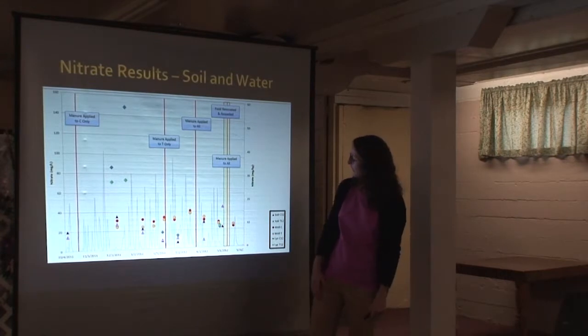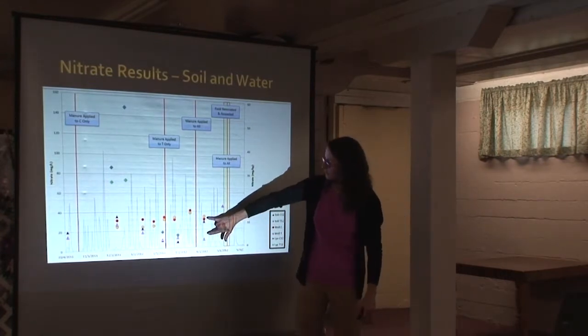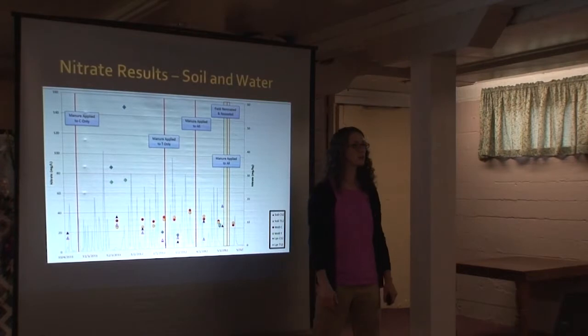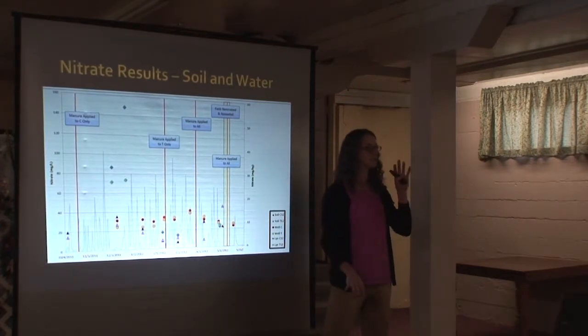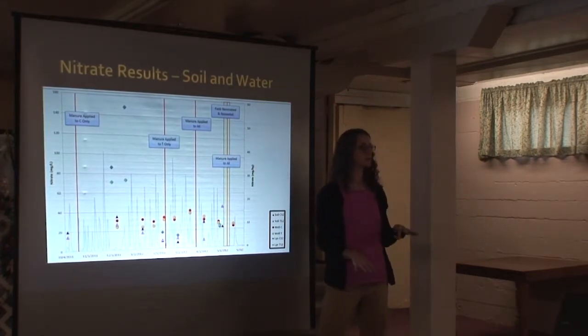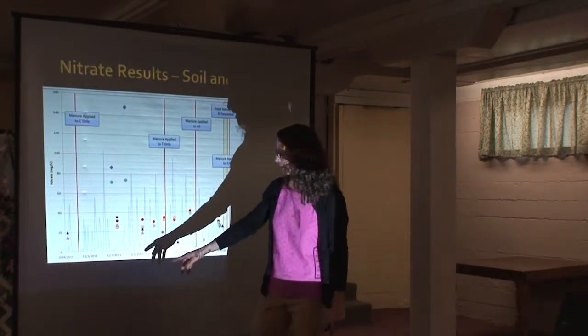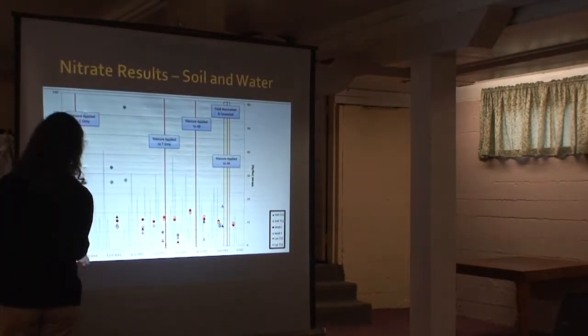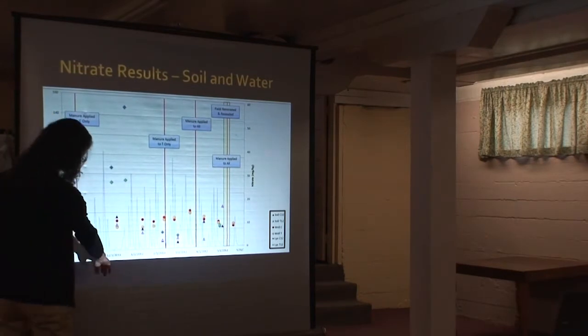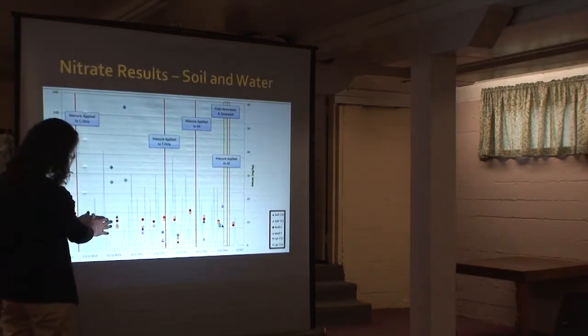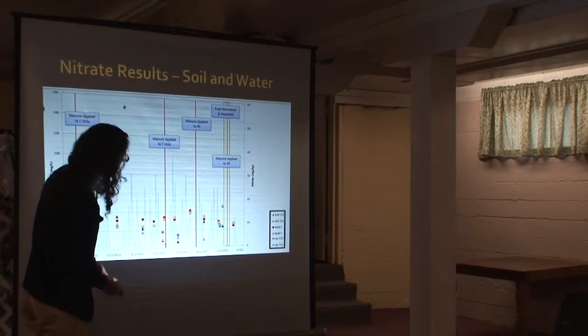And the purple represents our soil nitrate. So we're looking at both: what's left in the soil, what the concentration is there versus the water. This started in October, and we started taking samples in December of 2011.